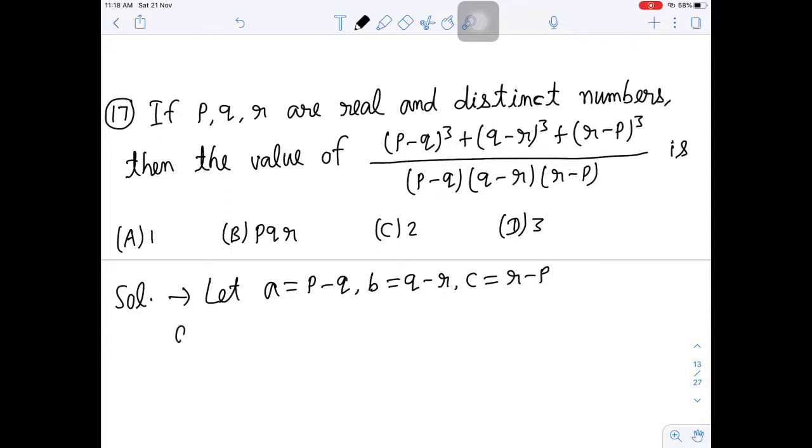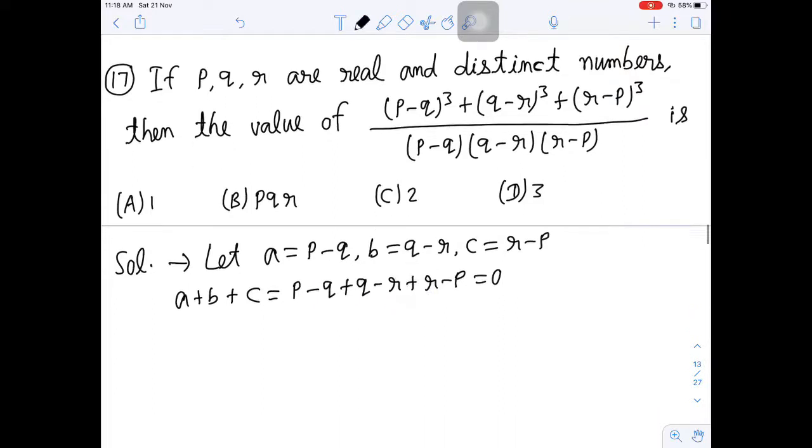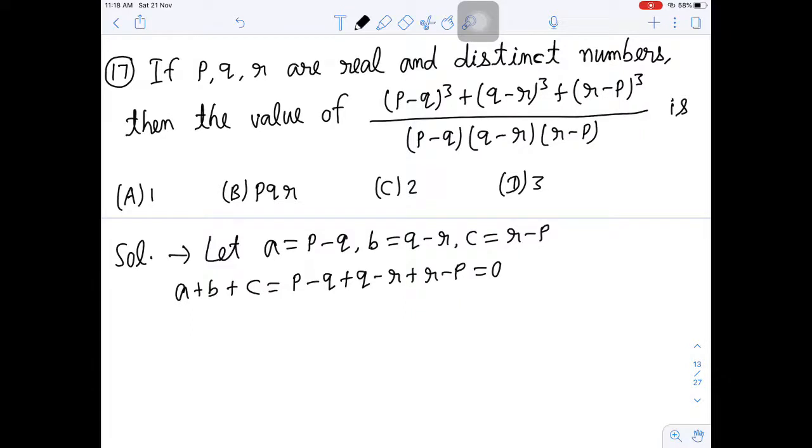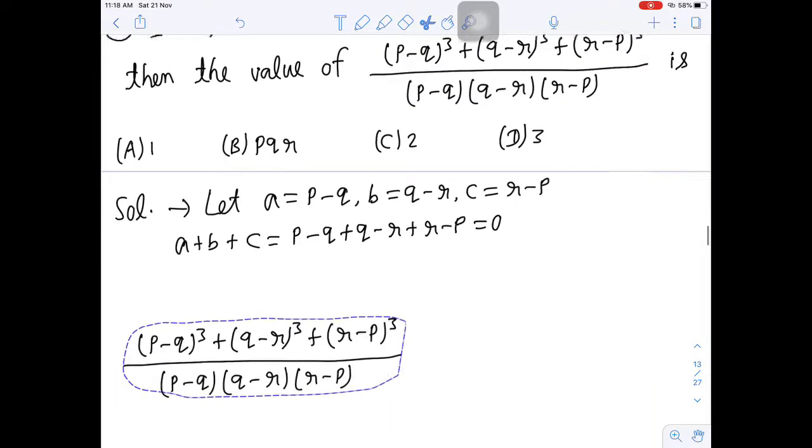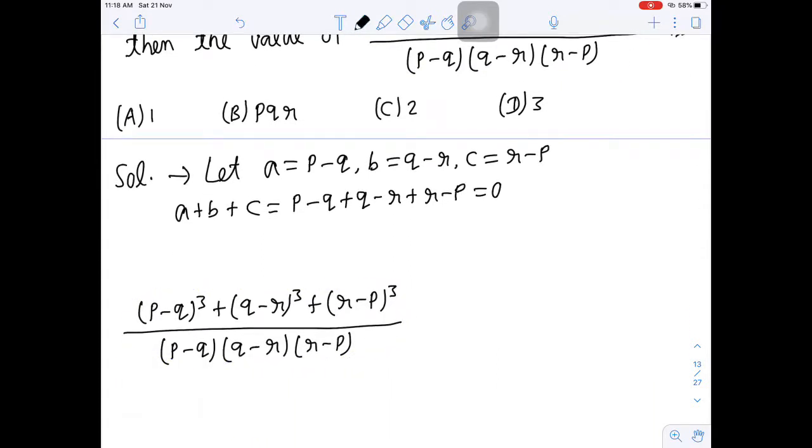Now if you add them, a plus b plus c, as you know, a is p minus q, b is q minus r, and c is r minus p. So their sum is nothing but 0, right? Because p minus p gets cancelled, minus q plus q, minus r plus r. Now you know that if a plus b plus c equals 0, and what you have to find, if you write in terms of a, b, c, is a cube plus b cube plus c cube divided by abc.